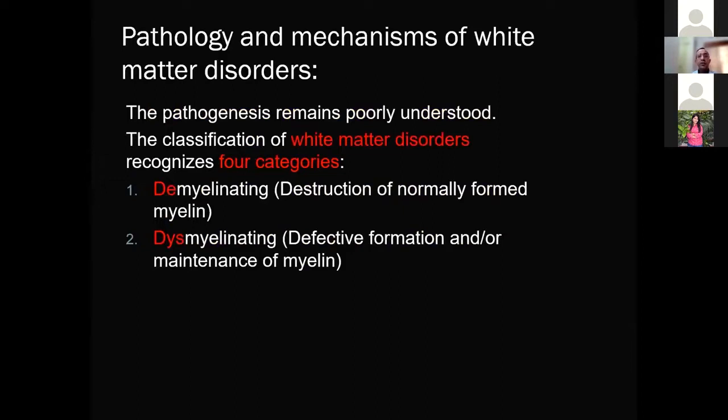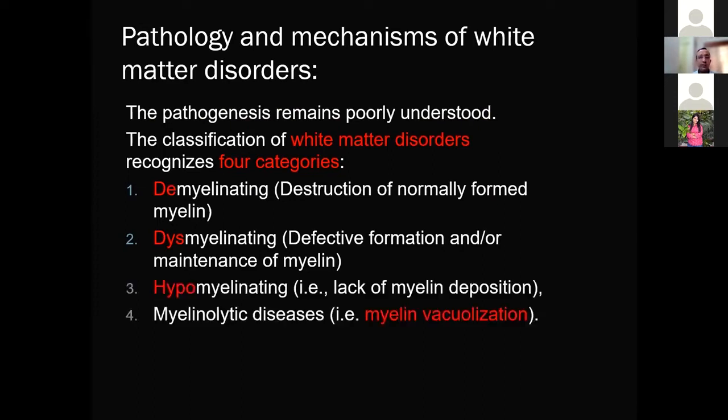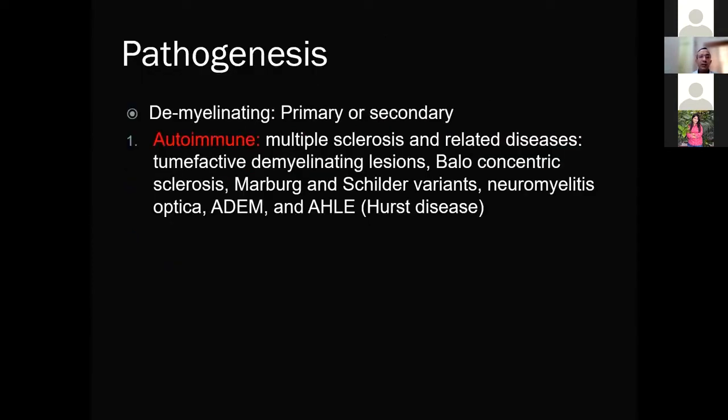The pathogenesis of most of the white matter disorders is poorly understood. Traditionally, white matter disorders are categorized into 4 categories: the demyelinating, which is destruction of the normally formed myelin; the dysmyelinating, which is defective formation and maintenance of the myelin; the hypomyelinating disorders, the lack of myelin deposition; and the myelinolytic diseases, that is myelin vacuolization.